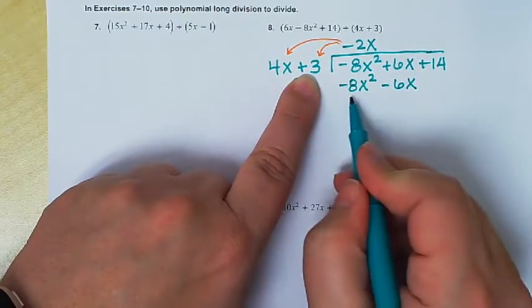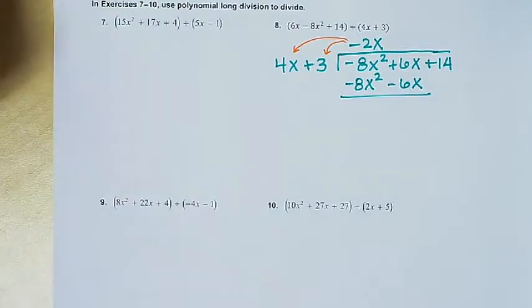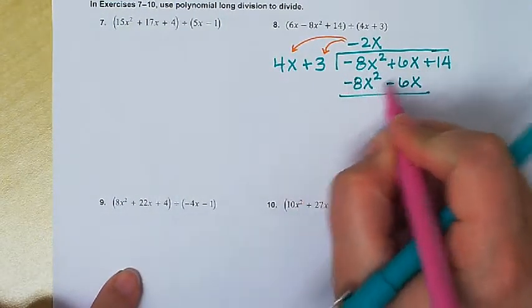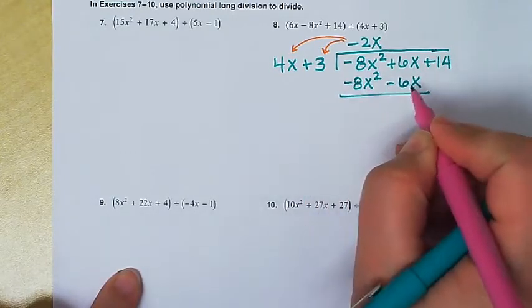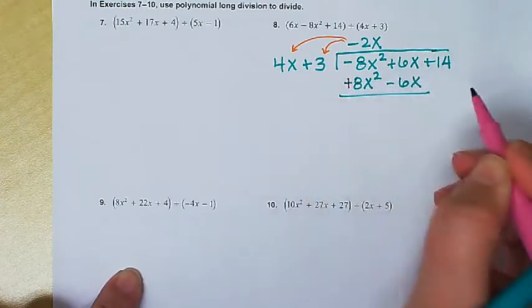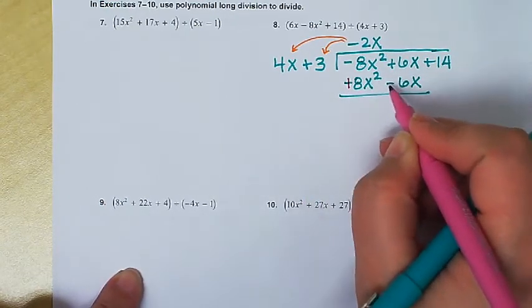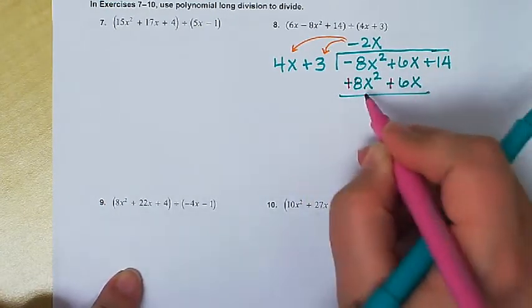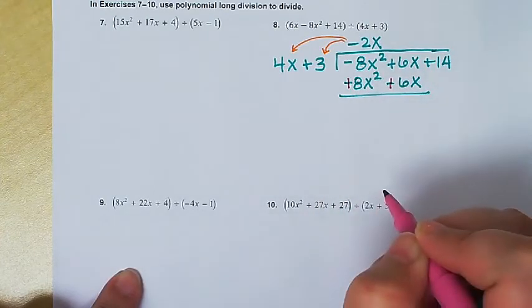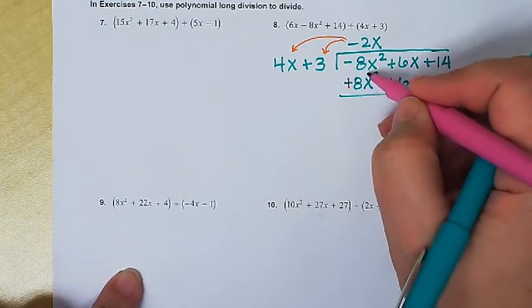Okay, and we'll drop our line, and then a really important step that sometimes people forget is that I have to subtract both of these things, which essentially is going to change our sign. So when we subtract a negative here, it's going to become a positive, and when we subtract a negative, it's going to become a positive. So both of these signs end up changing before I combine.